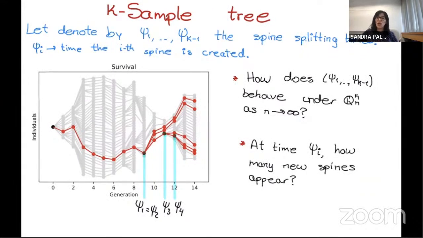So we want to know how C1 up to C(k-1) behave under Qn^(k) as n goes to infinity. And moreover, we want to know how many new spines appear at the splitting times. With these two things, we can characterize the shape of the genealogical tree for our samples. It is enough with this.